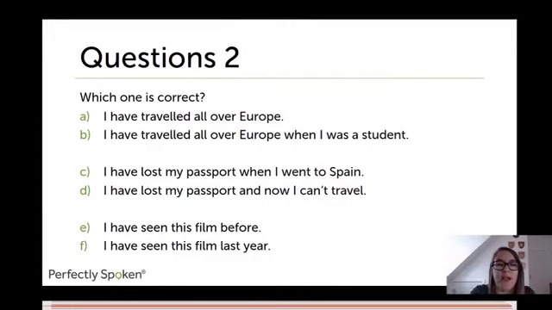Okay, A. I have travelled all over Europe. B. I have travelled all over Europe when I was a student. Which one is correct? C. I have lost my passport when I went to Spain. D. I have lost my passport and now I can't travel.